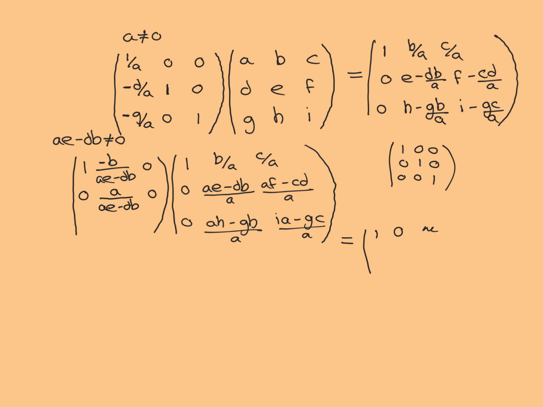Now we've already made the simplifying assumption that AE minus DB isn't equal to 0, so that's a perfectly valid thing to do, and that will give us 0 in this position, 1 in this position, and then again something hideous that isn't quite so hideous, so I might actually write it out. So it will be AF minus CD over AE minus AB in that position. So all I've done is multiply that through with that.